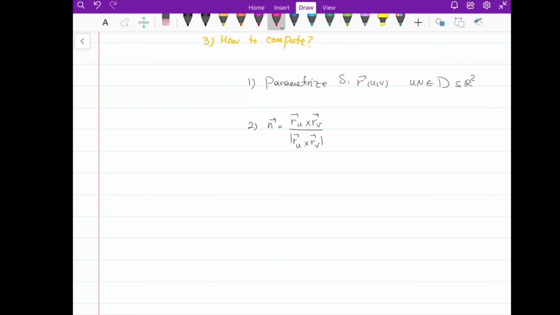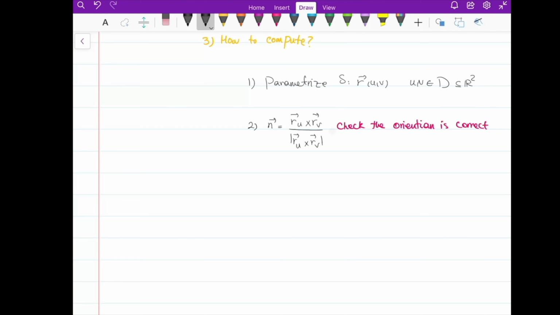And as a note, you need to check that the orientation is correct. What do I mean? I mean the S should be positively oriented.